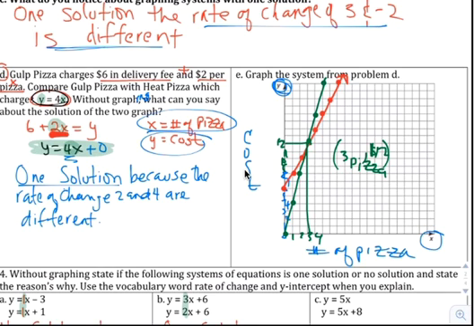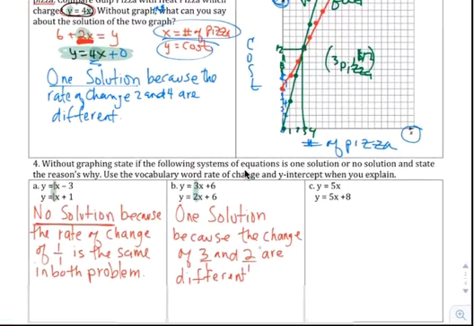The red one is for Gulp. I forgot to put Gulp here. And the green one is for Heat Pizza. That's at 3 pizzas for $12 is when Gulp and Heat Pizza charge the exact same amount.